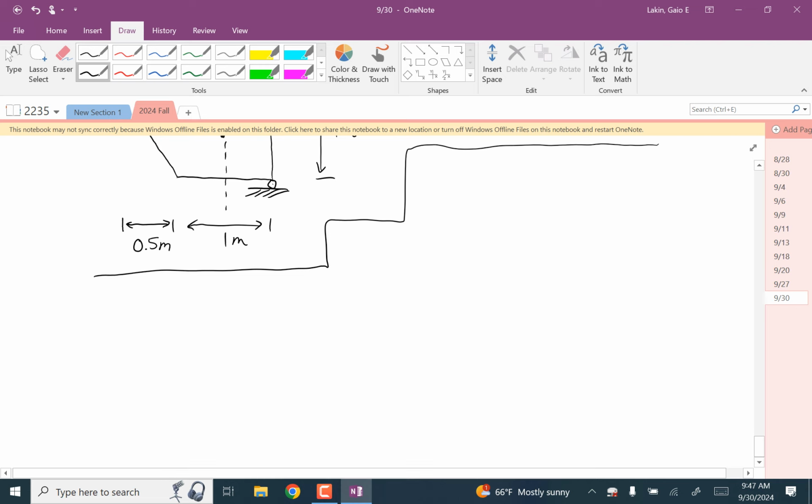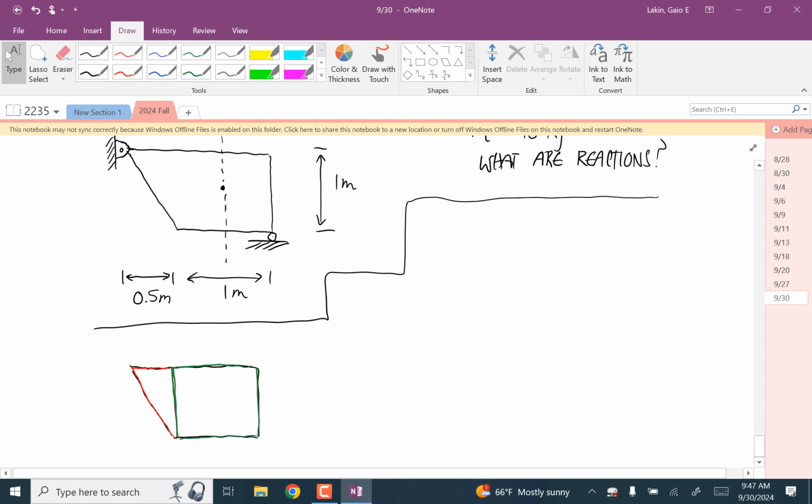Okay, so I'm going to break this shape up into a right triangle and a square. And when you're choosing your coordinate system, it's a lot easier if you choose the one you're going to use for the whole problem. It doesn't matter where.